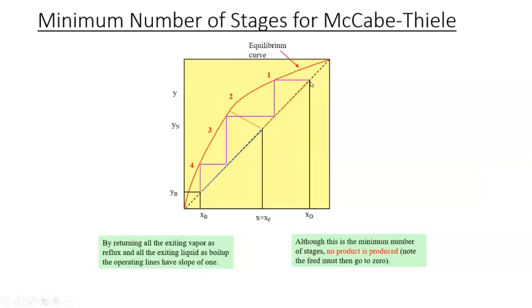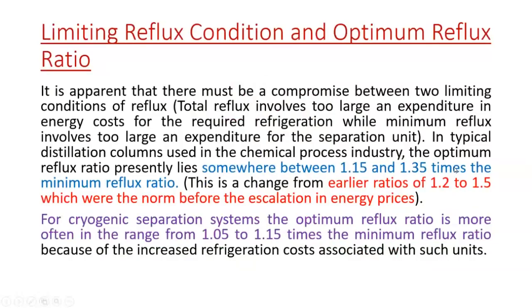At that condition, if we determine the number of equilibrium stages, that will give you the minimum number of equilibrium stages or ideal trays in the distillation column. By returning all the existing vapor as reflux and all the existing liquid as boil up, the operating lines have a slope of 1. That means they will be lying on the diagonal line. This is the minimum number of stages. No product is produced. Note the feed must then go to 0.